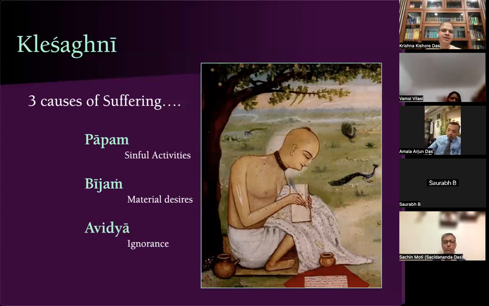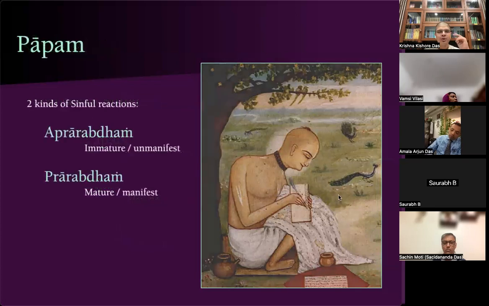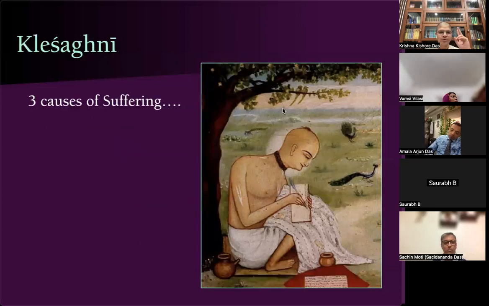So avidya causes material desires. And due to material desires, a person does sinful activity. Why does a person steal? Why does a person do any crime for that instant? Because of material desires. So therefore, these are the three main causes of suffering. Now what happens by that? Two kinds of reactions. So you should note this. I hope you have noted this.